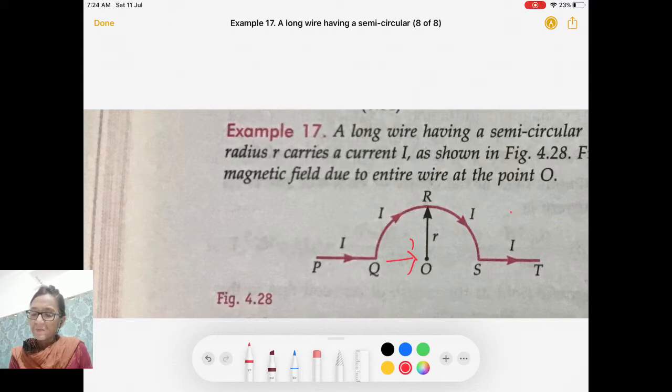The angle here is between dl, the length vector, and the position vector of the point where we have to find the magnetic field. The angle between the two is 0 degrees. For this part also, the angle between the dl vector and the position vector of the point where we have to find the magnetic field is 180. So for this part the angle is 0 and for this part the angle is 180, and sine 0 and sine 180 both are 0 only.